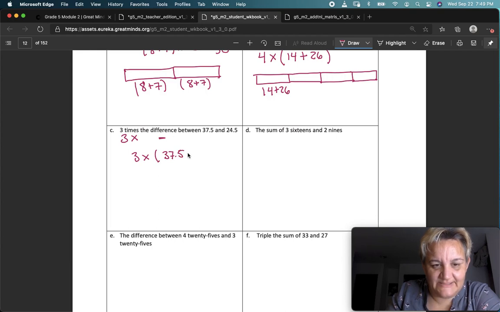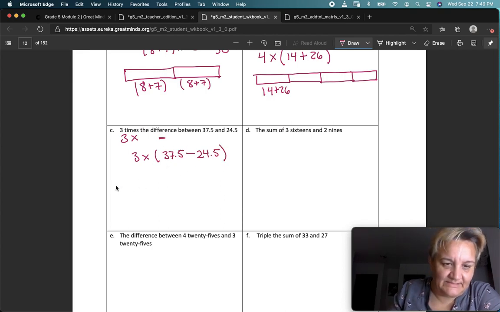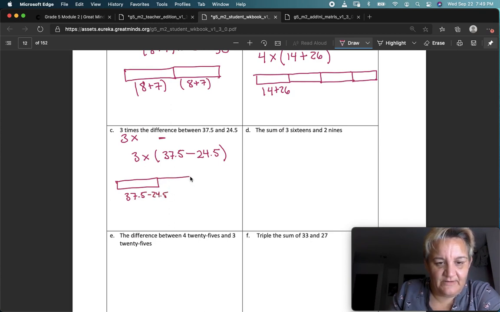Difference means subtract, minus 24 and 5/10. Okay. Now I can do the same thing. My little square is going to be the stuff in the parentheses. 37 and 5/10 minus 24 and 5/10. And then I'm going to recreate that same square 3 times. Okay, 1, 2, 3.